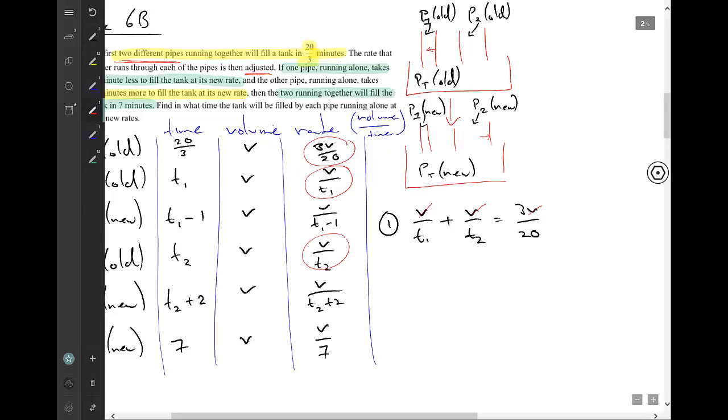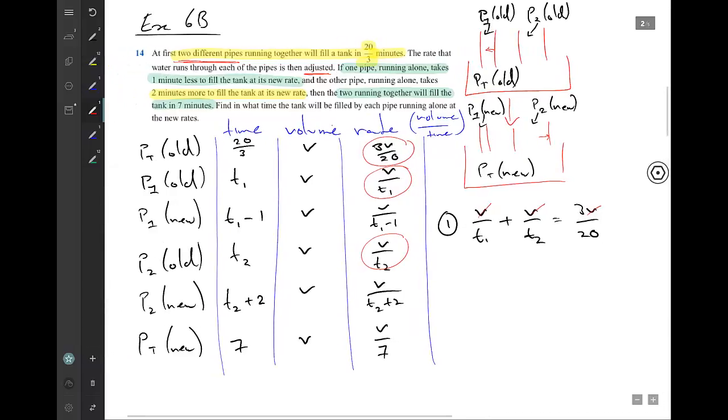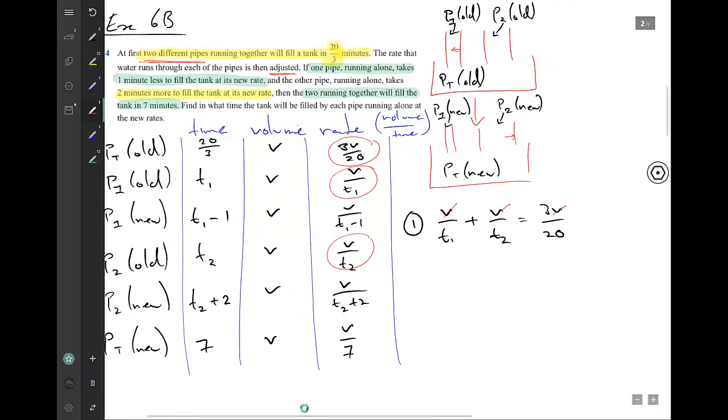The reason we can do that is because if V equals 0, which would make that a really bad move, the question is kind of trivial. It's a nonsense question if a tank has no volume. So we can safely divide through by that volume, because we're not asked to find the volume of the tank.